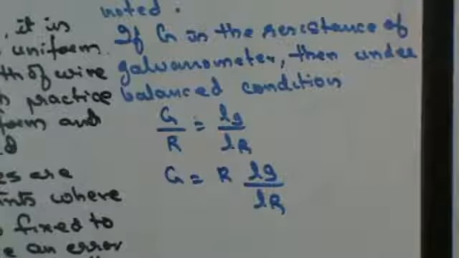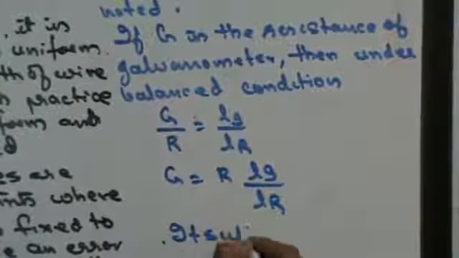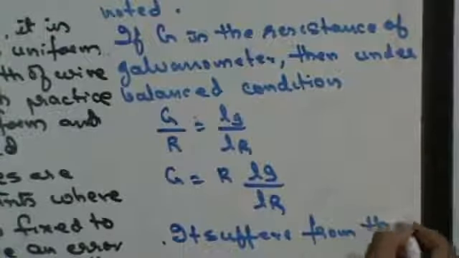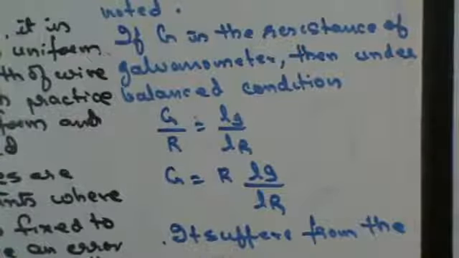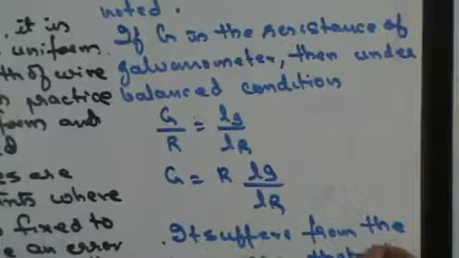Now, what are the errors here? You have the same errors in Kelvin's method as you had in meter bridge. It suffers from the same errors that the meter bridge has.